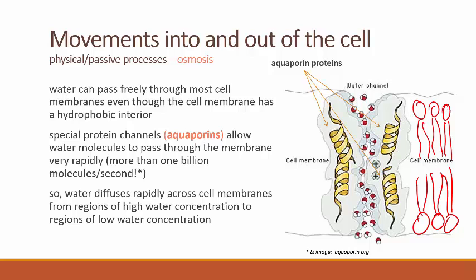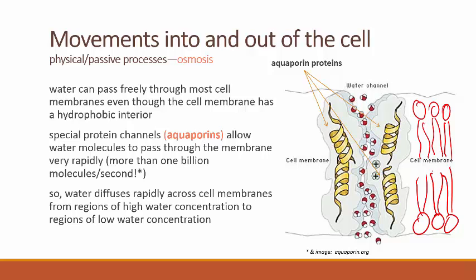Water can pass right through the cell membrane thanks to the presence of structures called aquaporins. These are proteins that create a channel that's always open, letting water rush through the cell membrane, bypassing that hydrophobic interior, because the channel is completely lined with proteins that allow water to pass through.